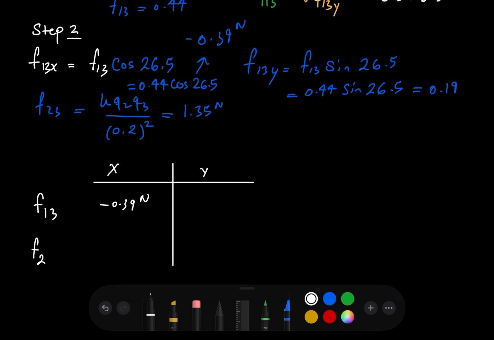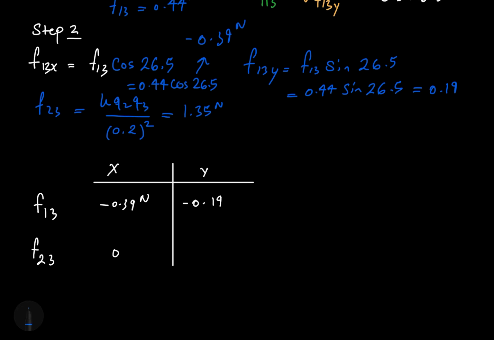And then the second force we have is the force of 2 on 3, which has no force in the x direction, so it's just 0 newtons. And then the force of 1 on 3 in the y direction is 0.19, and of course it's negative because it's going down. But F2 on 3 is in the positive y direction, so it's 1.35 newtons.